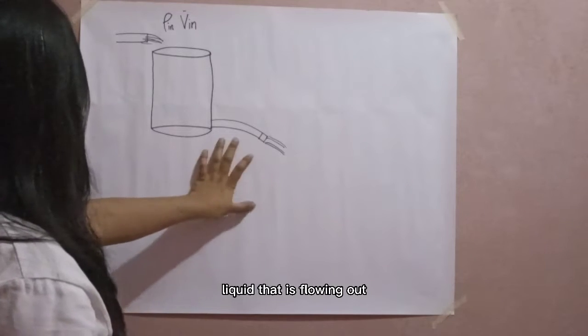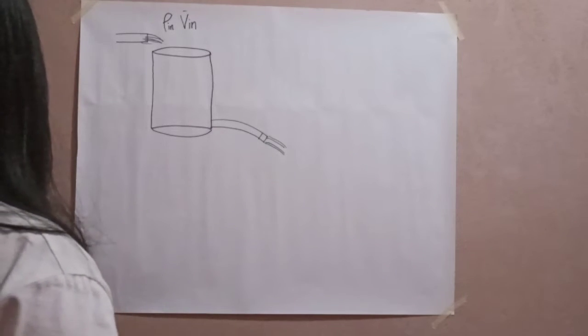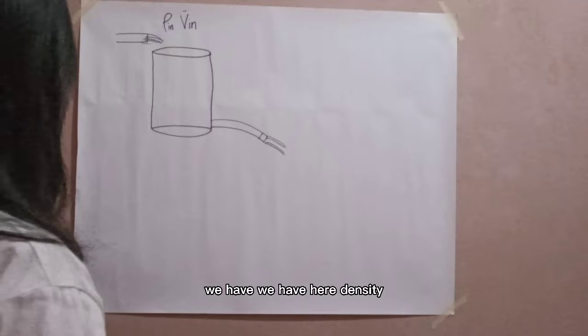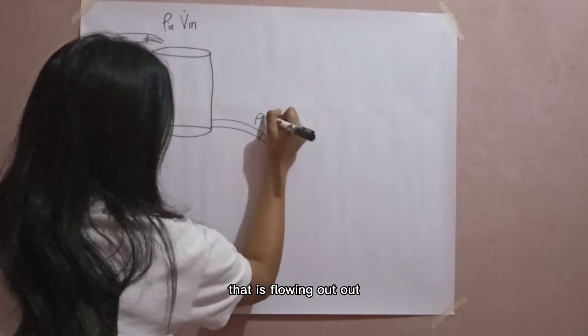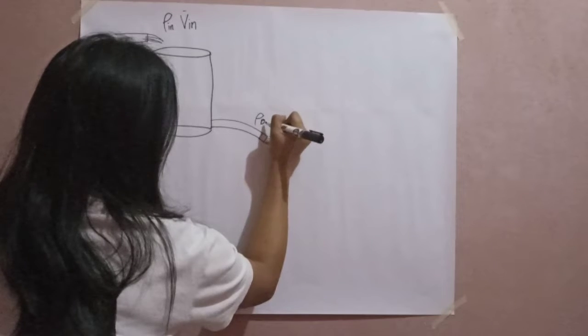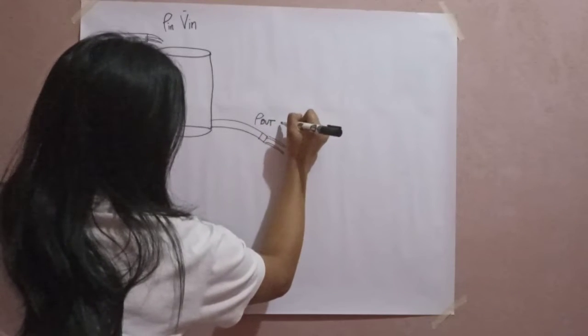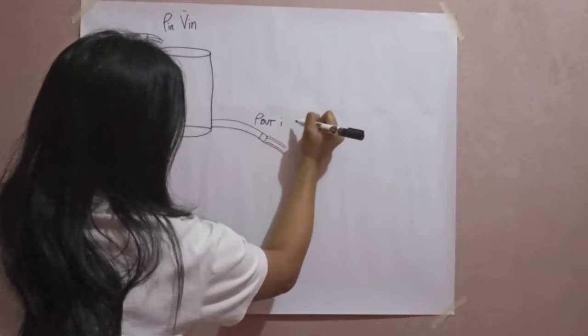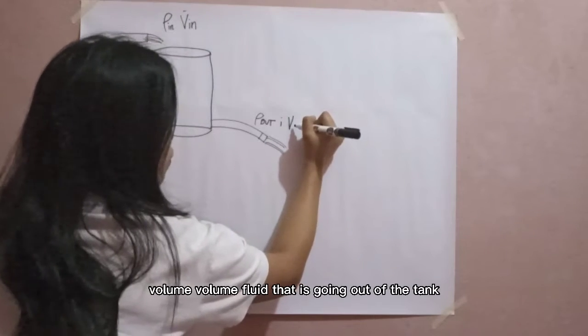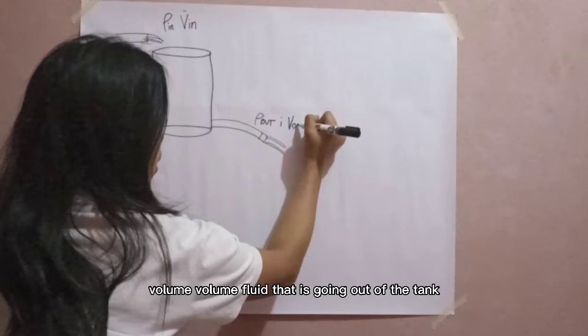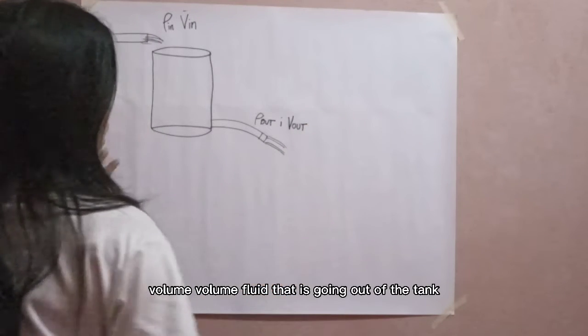This liquid that is flowing out, we have here the density that is flowing out, and the volume flow rate of fluid that is going out of the tank.